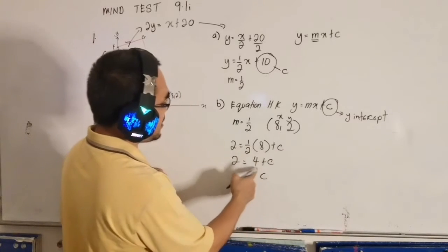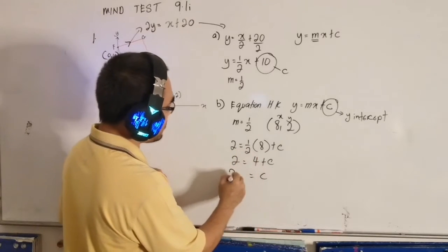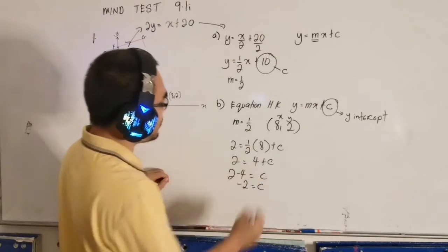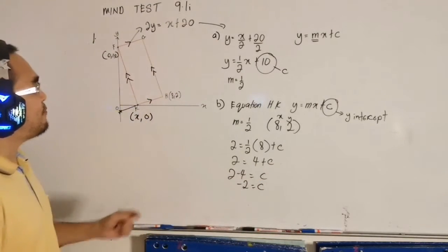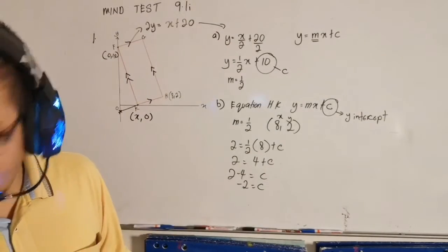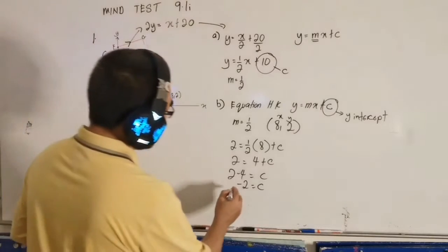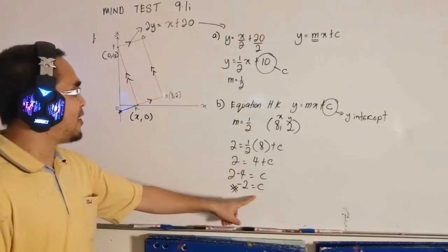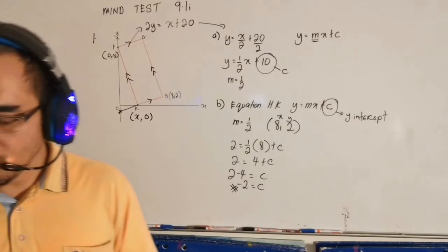Move the 4 to the other side, c equals 2 minus 4, so c is negative 2. So the answer for B, the y-intercept of the line HK, is negative 2. Just state the value of c.